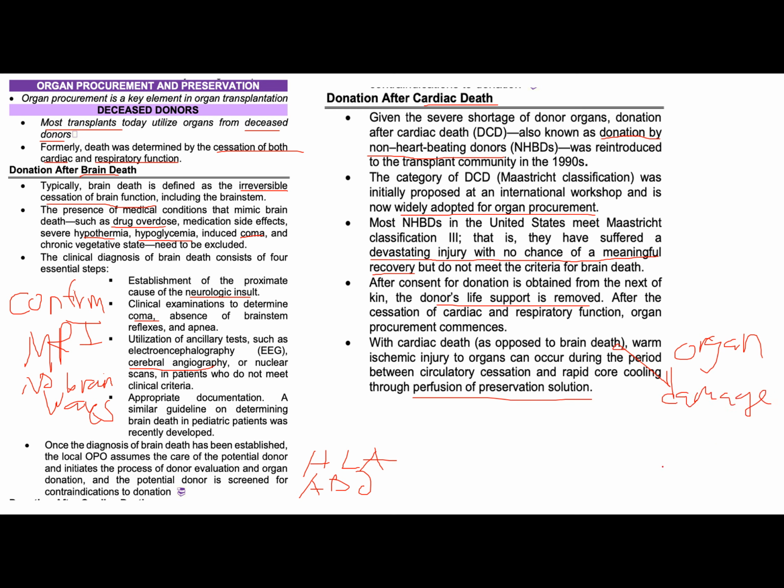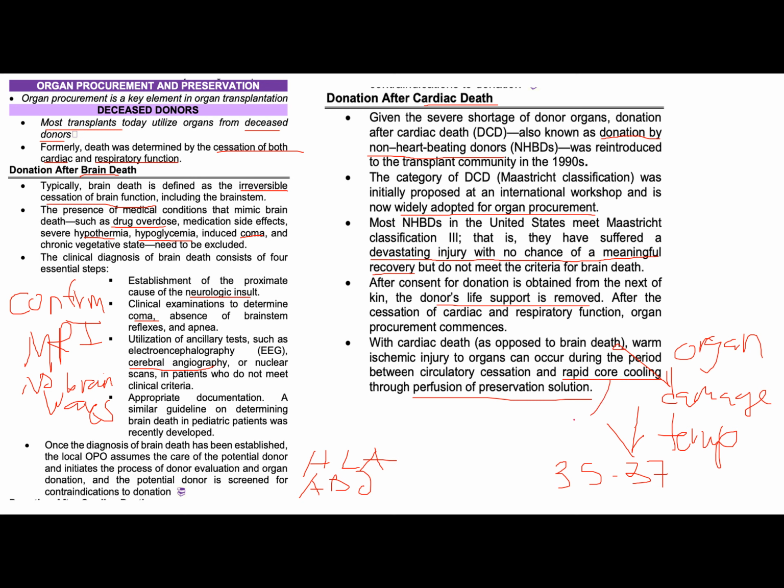Remember, class, kapag namatay ka na, your body temp would tend to go down. And remember, most of your cells, most of your organs need a body temp of 35 to 37 to function properly. Now, if the temperature goes down, that could affect the organ. So what they would do is perform a rapid core cooling.